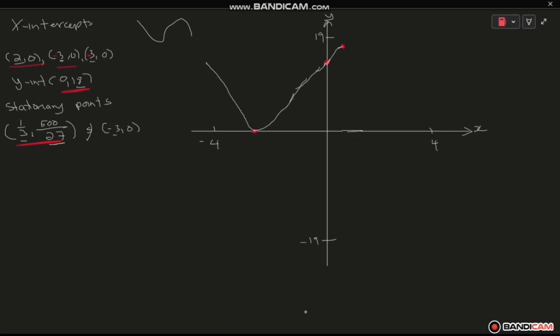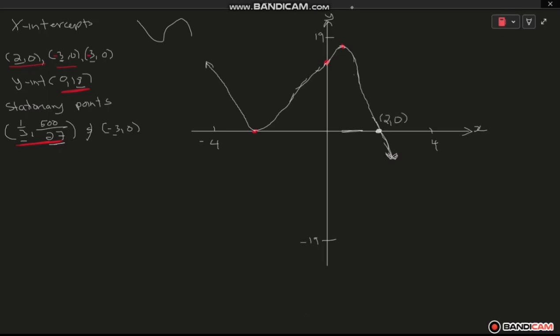Okay, let me try to put this point to be somewhere here. Let's assume that's 2. Then it decreases, right? Then it decreases as it is now. This is our graph.